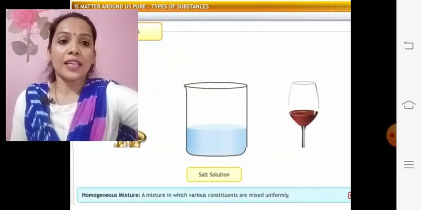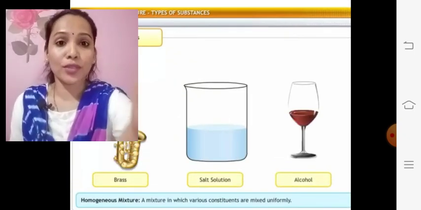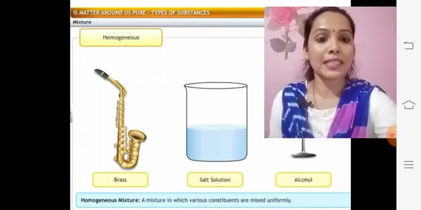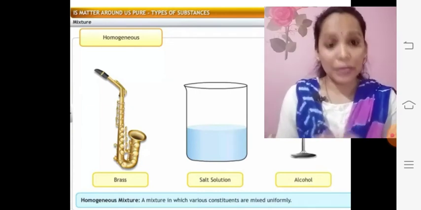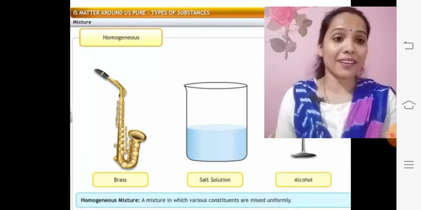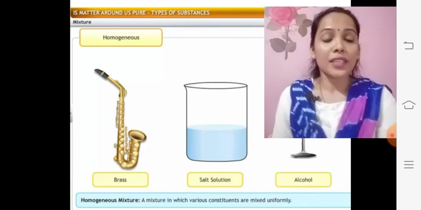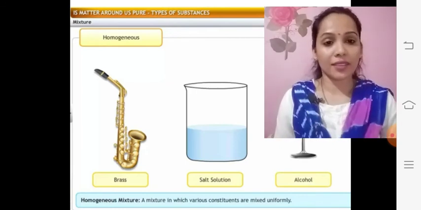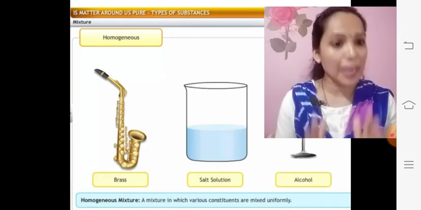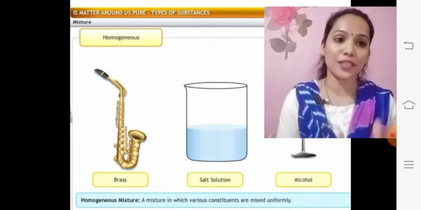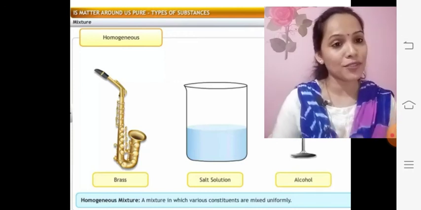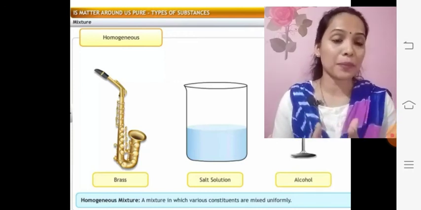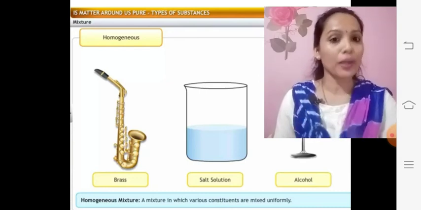So, in general we can define a homogeneous mixture as a mixture in which the various constituents are mixed uniformly. Other than salt solution, we have some more examples like brass, a mixture of zinc and copper, as I have already told you. Throughout the instrument, it has the same percentage of copper and the same percentage of zinc. That is, zinc is 70% and 30% is copper throughout.